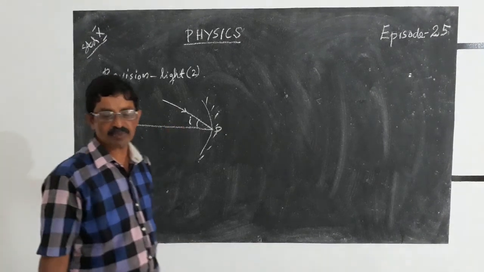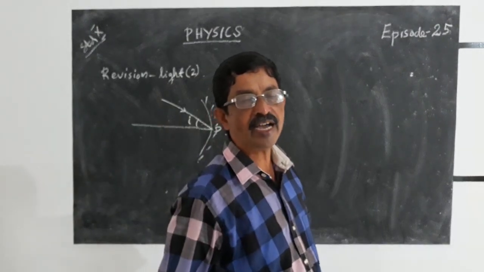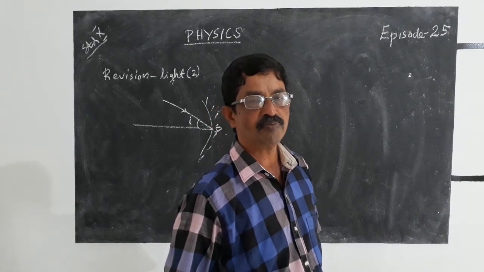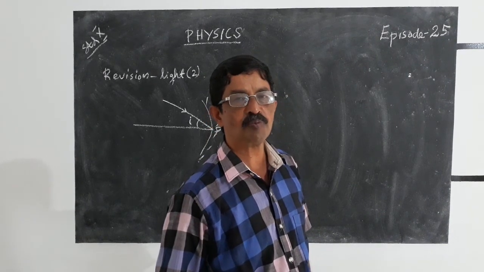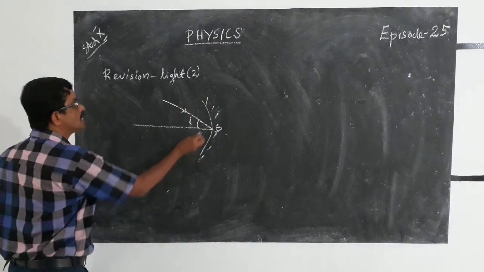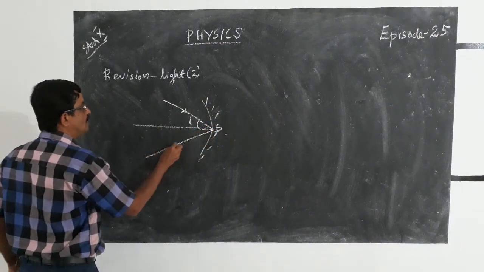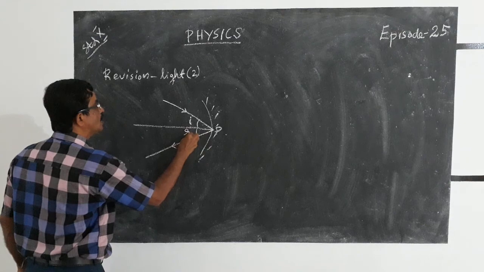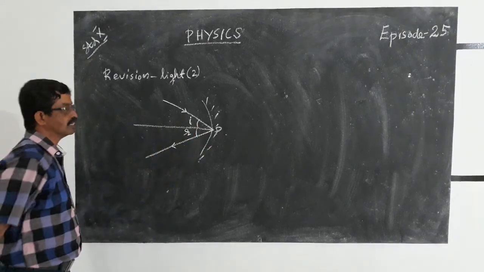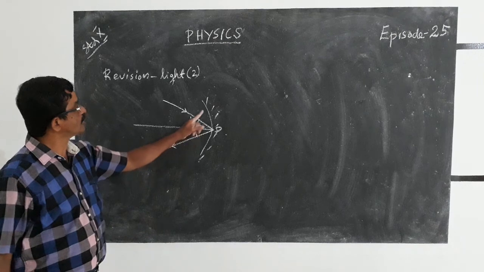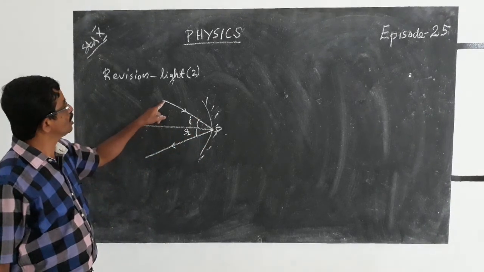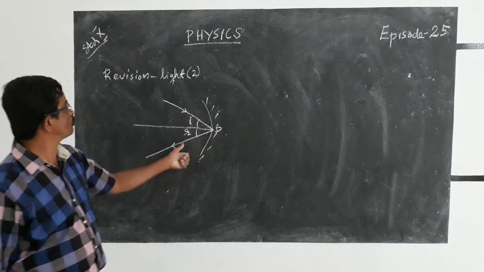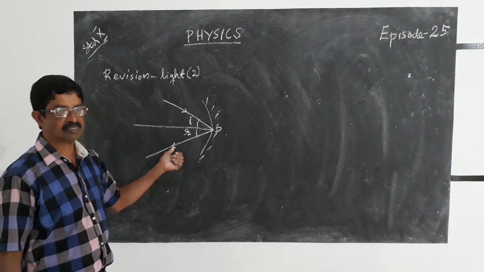In reflection, we know the angle of incidence equals the angle of reflection, for plane mirrors as well as spherical mirrors. So here it reflects in this way with the same angle, that is I itself. This angle is the angle of reflection, and it is equal to I. This is how a ray striking at the pole is reflected.